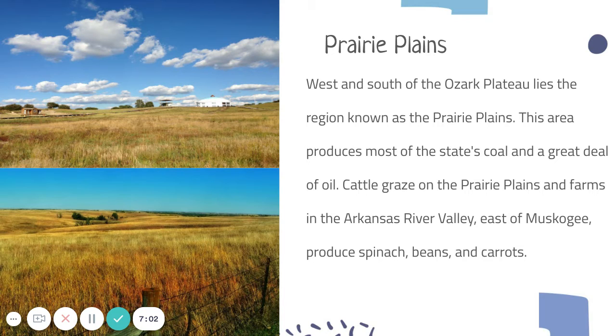One of the towns in this area is Muskogee, and this region within the Prairie Plains produces spinach, beans, carrots. We see that the Prairie Plains is able to have fertile ground. It's able to produce a large quantity of the produce that we need every day. And so we see that Prairie Plains are unique, are distinct.